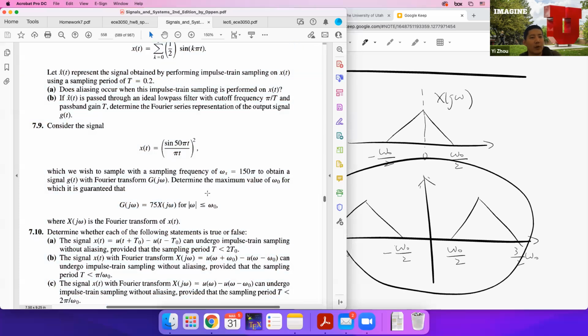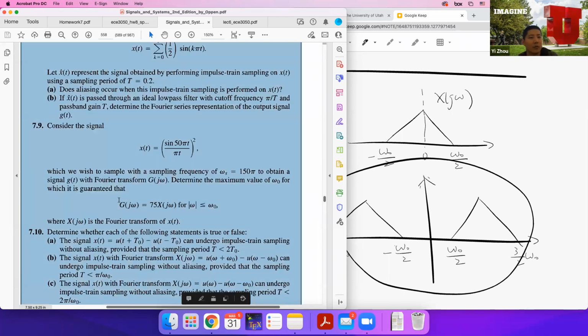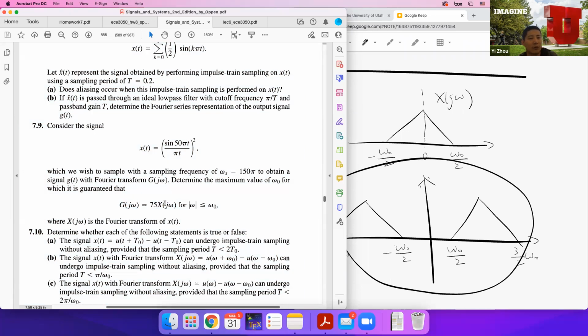Well, the idea: since we have the signal, we have X, so we can plot its spectrum, capital X. Now we know the sampling rate, so we can plot the spectrum capital G. Once we have these two plots, we can tell from the picture when this equation will hold.